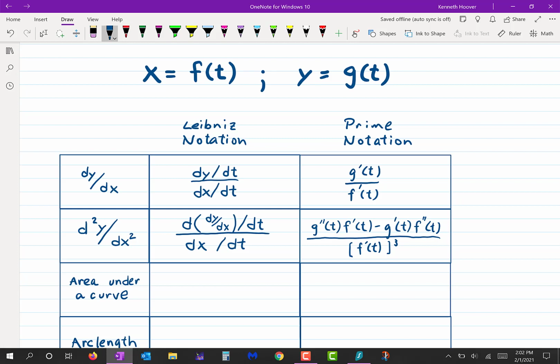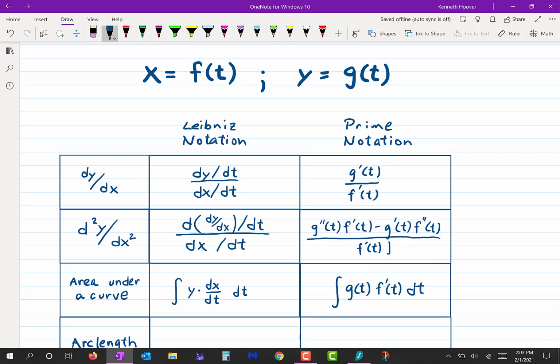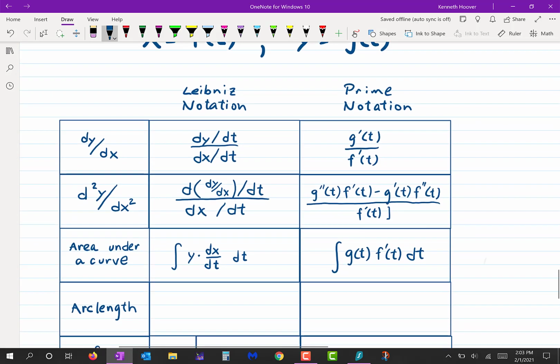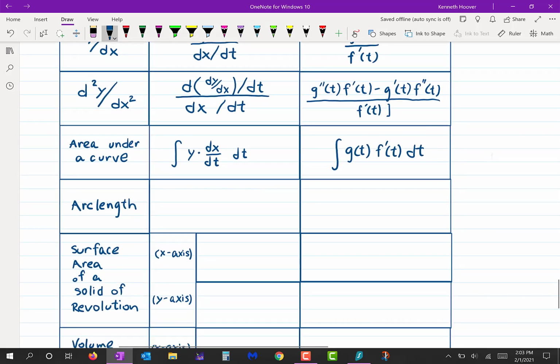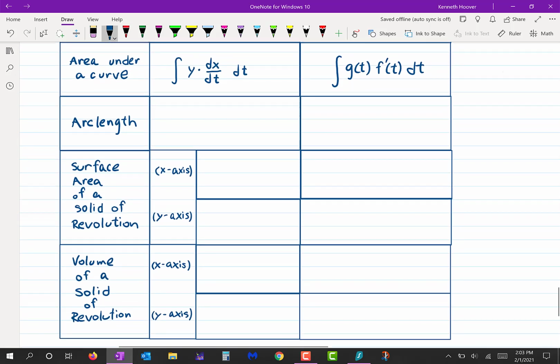Now the area under a curve. In Leibniz notation, that's the integral of y times dx/dt, and you integrate with respect to t. Or in prime notation, it's the integral of g times f prime with respect to t. Moving down, we have arc length.